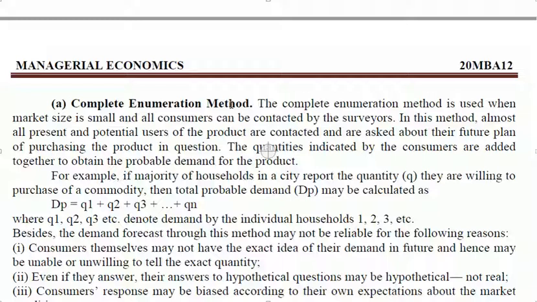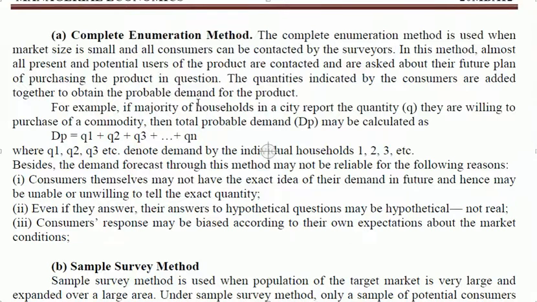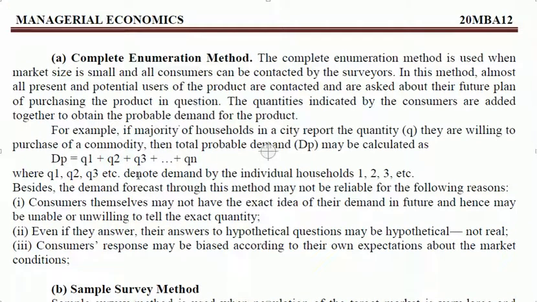But when our customer base is very small, in that case we can do a complete enumeration method, and the entire consumer base can be asked and we can analyze that.